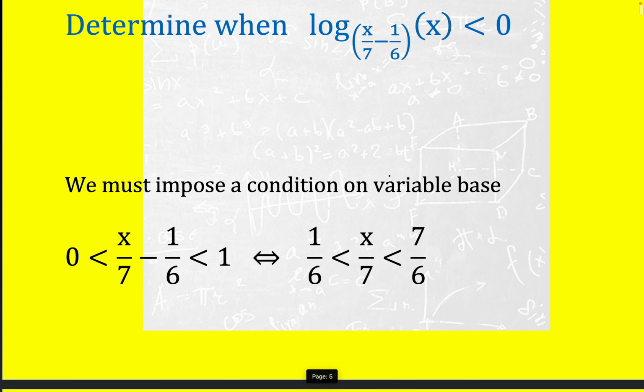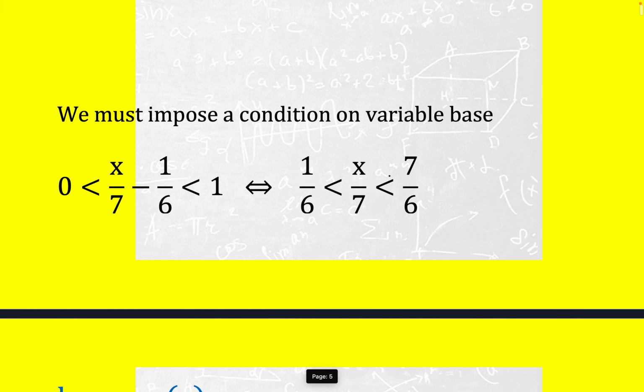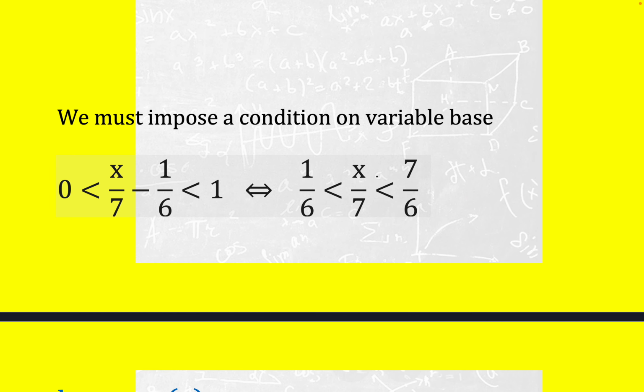So now from here, what do we have? This would be equivalent to 7/6 is less than x is less than 49/6. So y'all, this is the answer we're looking for.